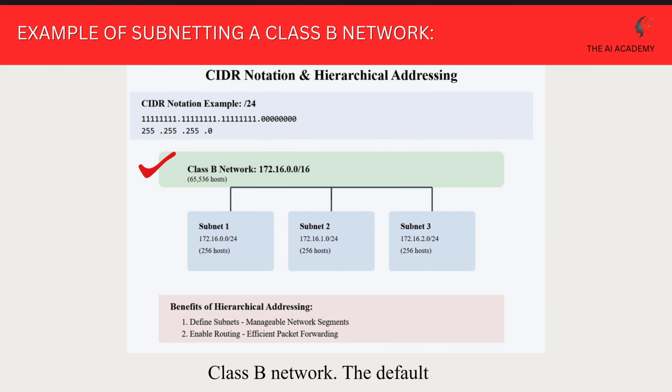Example of subnetting a Class B network. The default Class B network is 172.16.0.0/16, which supports 65,536 hosts. Breaking the network into smaller networks using /24. Subnet 1, 172.16.0.0/24, 256 hosts.